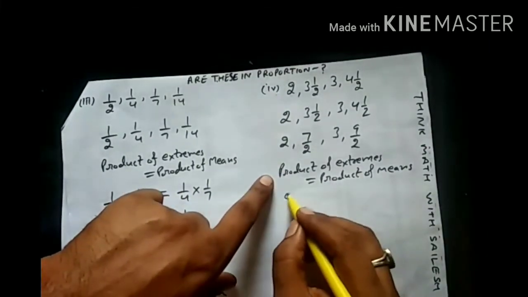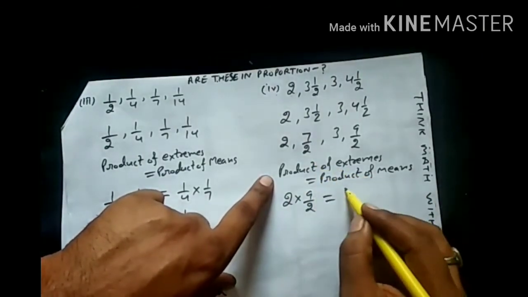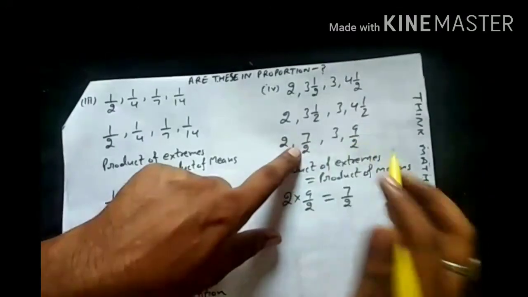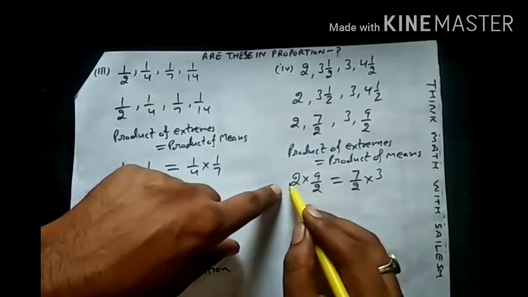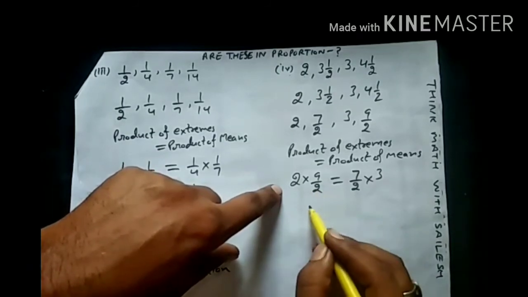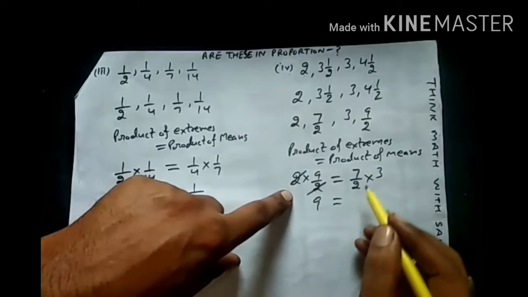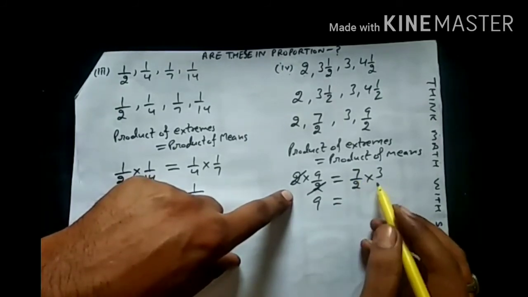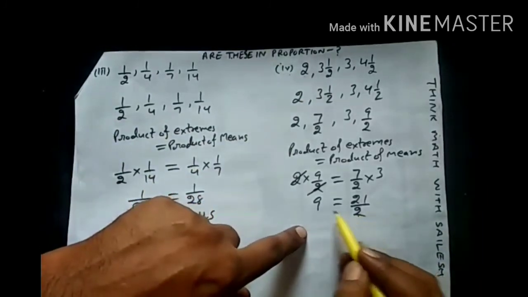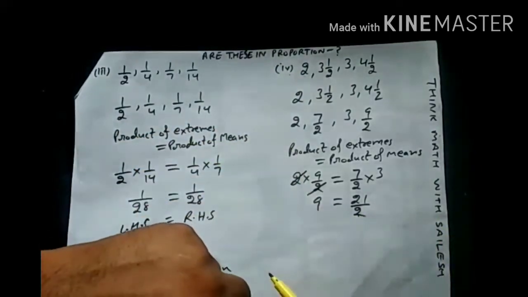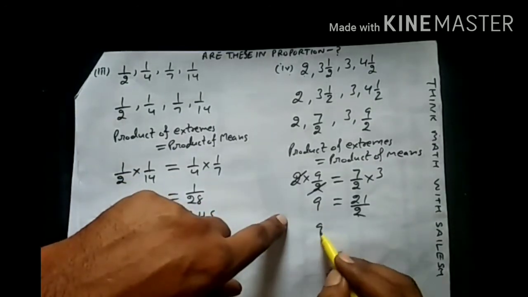Now 2 multiply 9/2 is equal to 7 by 2 multiply 3. 2 cancels with 2. 2 ones are 2 and 9 is left only. Here you see 7 multiply 3, 21 over 2. Now the left hand side is not equal to right hand side. Now what can we say?